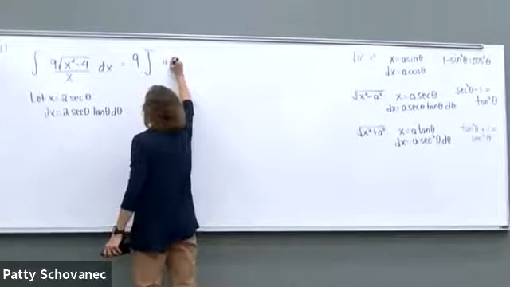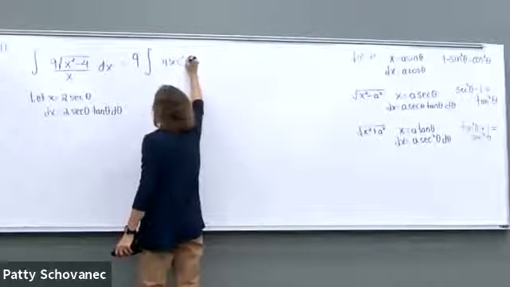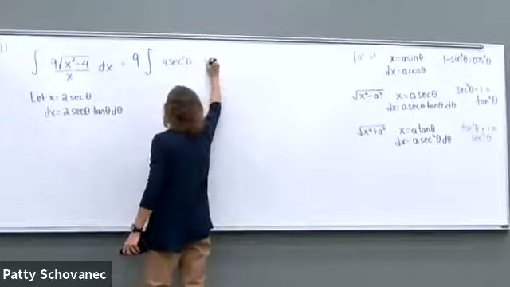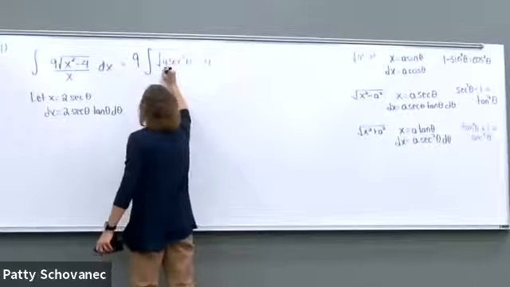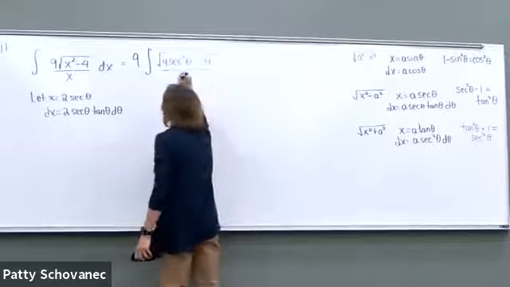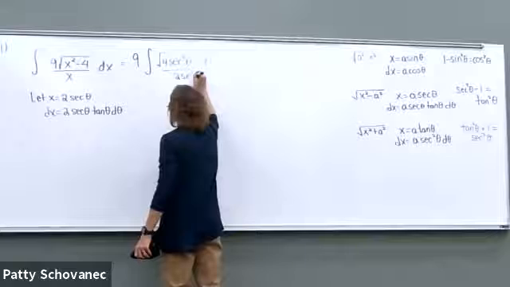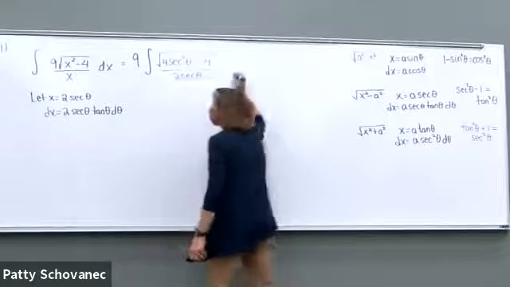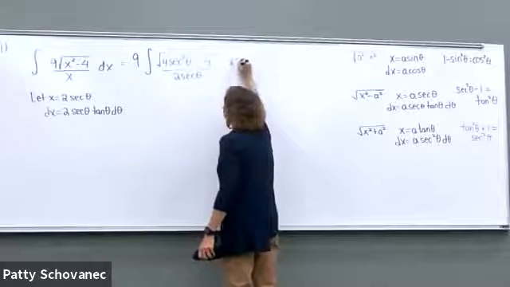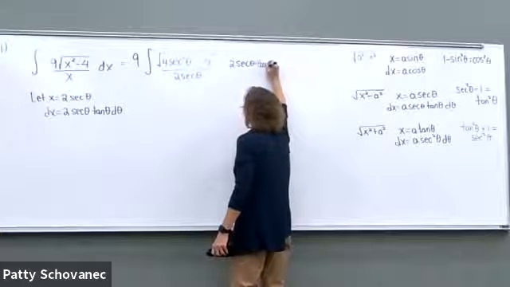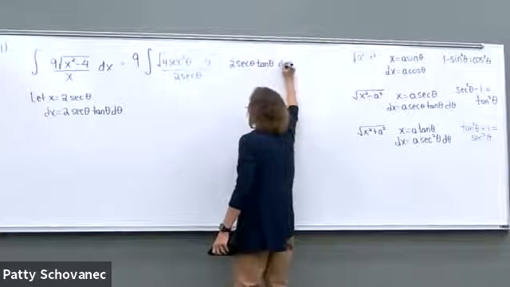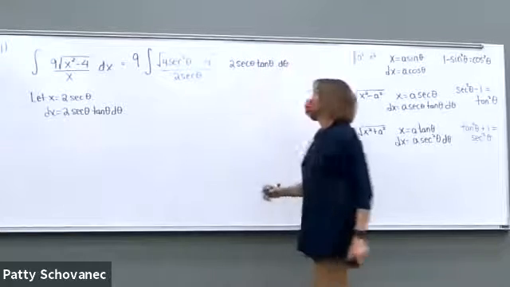Here's the 4 secant squared theta, then the minus 4, all of that under the radical sign. Then that's divided by x, which is now 2 secant of theta, and dx, which is 2 secant of theta tangent of theta d theta.